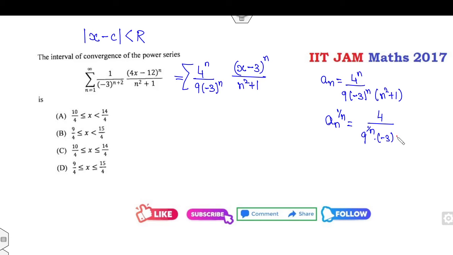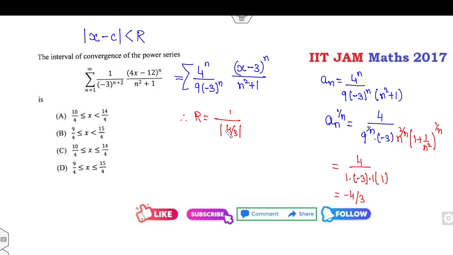I can take n square as common. Then it is 1 over n square. Fine. Now take the limit as n approaches infinity. This is 1, this is minus 3, this is 1, this is 1. That is minus 4 over 3. So therefore, your radius of convergence will be 1 over the absolute value of this quantity. That is 3 over 4.